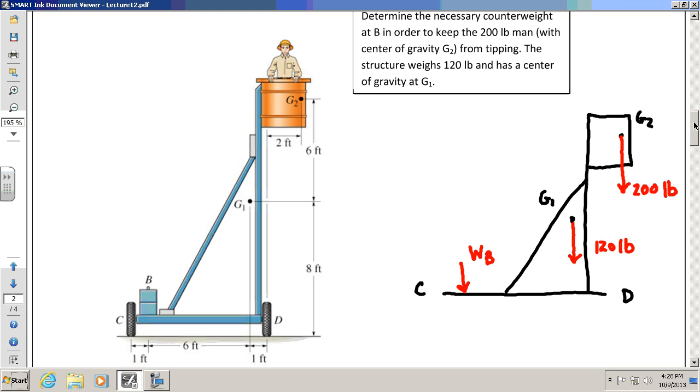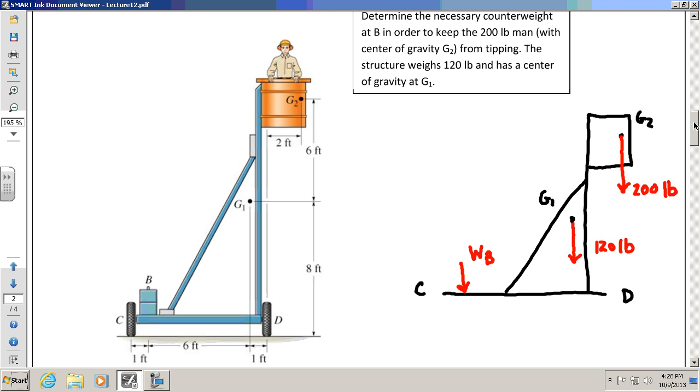Now lastly, the tires are touching ground, and ground provides a normal force. Something's got to hold this up. One thing you got to remember with free body diagrams, there's kind of like a balance to things, right? Life has balance. Everything in life has a balance. In engineering and in statics, there's a balance.